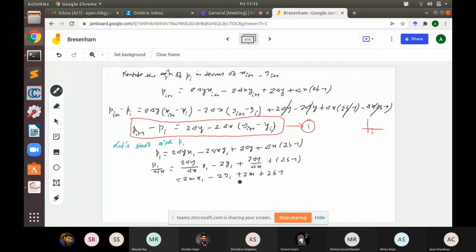Just separating the terms, this is 2 times m x1 minus y1 plus b, plus 2m minus 1. It's just rearranging the terms, nothing else. So p1 by delta x is equal to m x1 minus y1 plus b, and so on. Let's call it an equation.